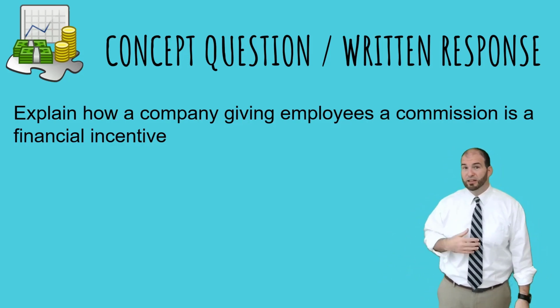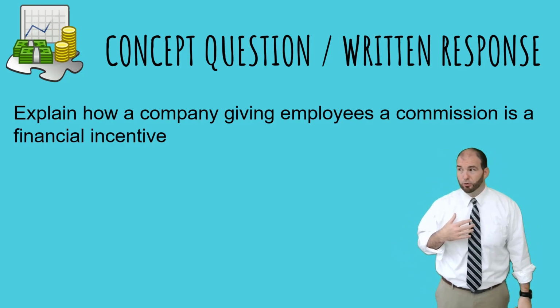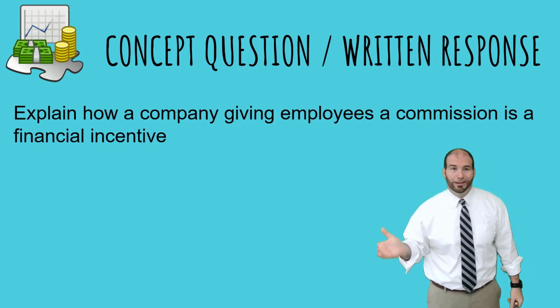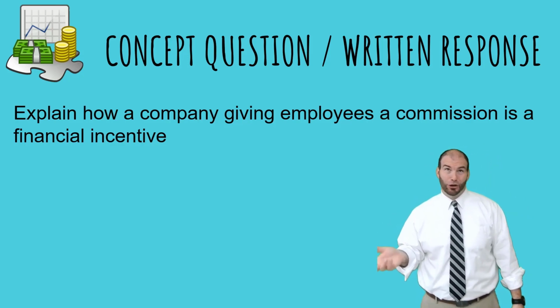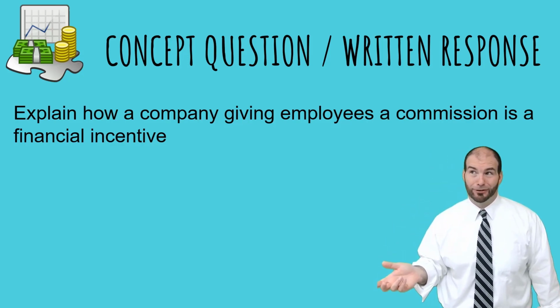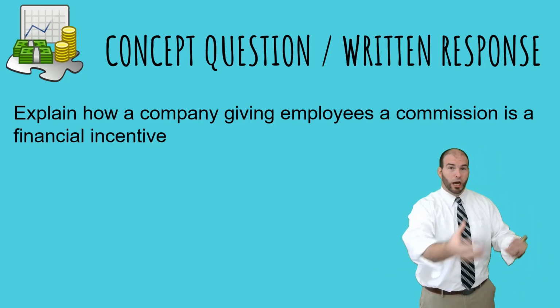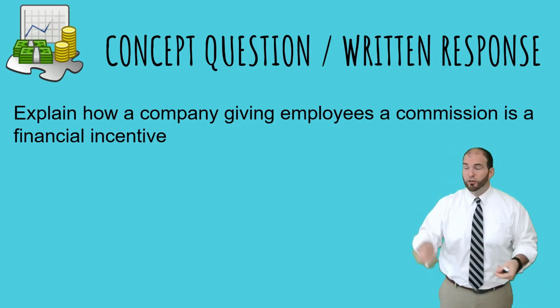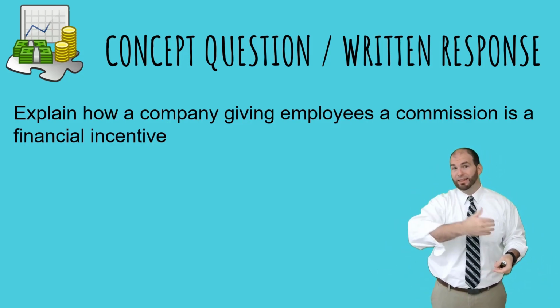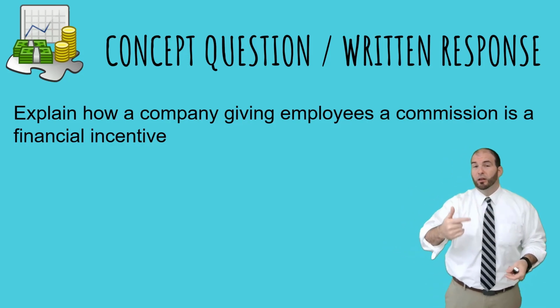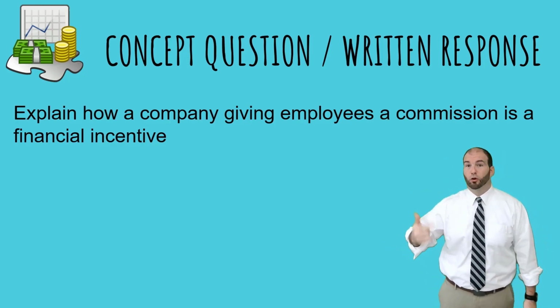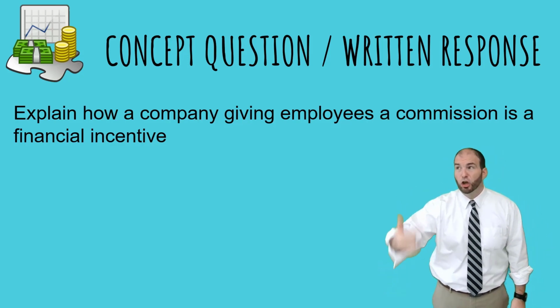So if they sell a $50,000 car, 2% of a $50,000 car is going to be $1,000. So on top of what their normal pay is, the commission would be $1,000 extra that they make. This is a financial incentive to work really hard and sell a lot of cars.